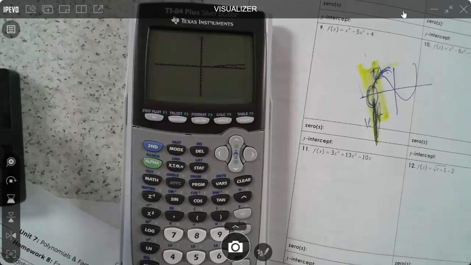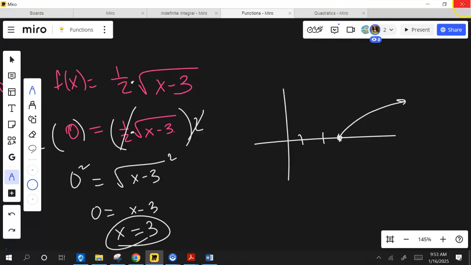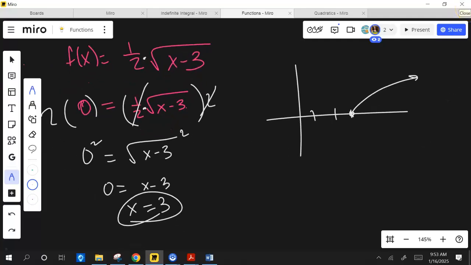Y'all remember in Algebra 2, when we did function transformations and we took a parent function and we transformed it, we slid it, we shrunk it, we reflected it, we did all that. So this parent graph is the square root of x, and we did a unit on radicals. We did square roots and cube roots. Y'all remember that?